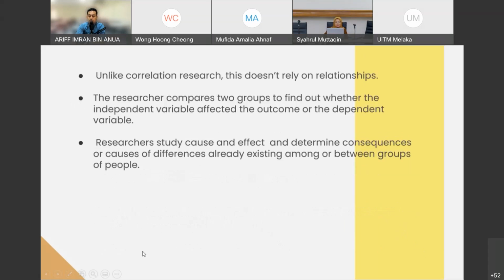Well, what is the difference between this one and the correlation research? Yeah, the difference is this one. Actually, causal comparative doesn't rely on relationship, but correlation will rely on relationship. Yeah.